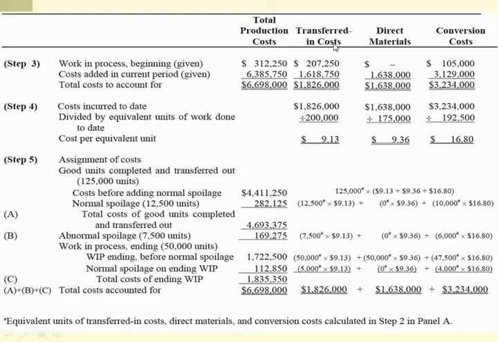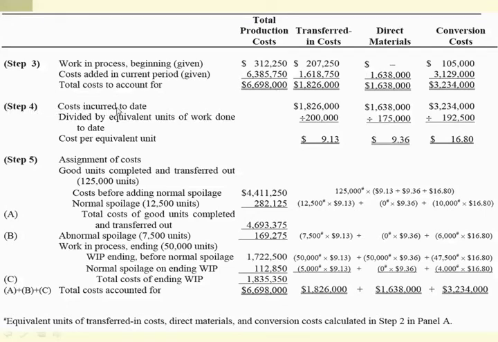So total costs to account for: 1,826,000 for transfer in cost, 1,638,000 for direct material, 3,234,000 for conversion costs. So total costs to account for 6,698,000. Step 4.